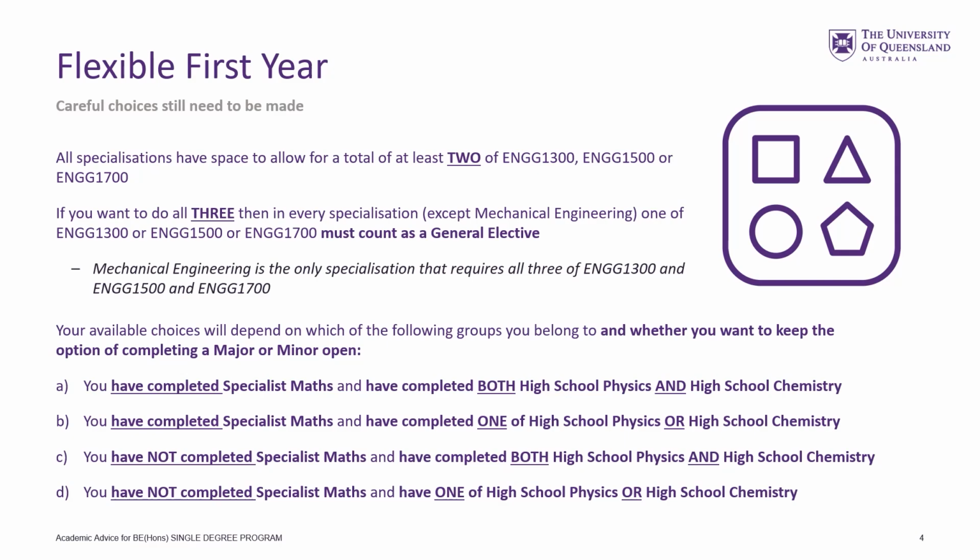You've completed specialist maths and have completed one of high school physics or high school chemistry. You have not completed specialist maths but have completed both of high school physics and high school chemistry. You've not completed specialist maths and have completed one of either high school physics or high school chemistry. It sounds a little bit complicated, but I think the next slide will help you understand.